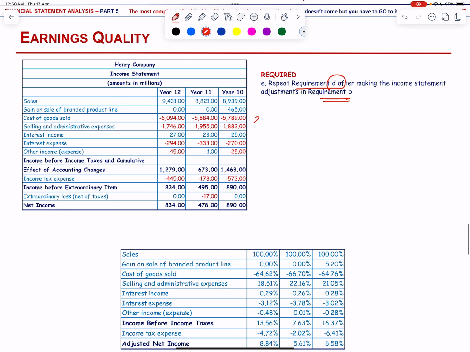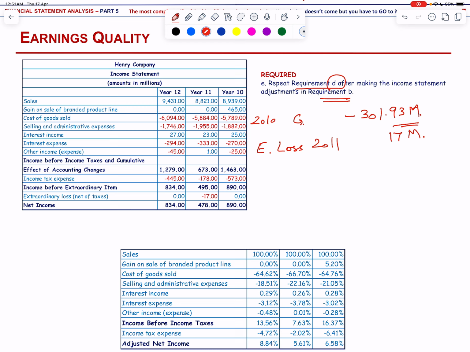In the year 2010, there was a gain on sale of branded product line, and if you remember, we subtracted 301.93 million for that effect. Then there was an extraordinary loss for the year 2011, and that was added back as such. For the sale and promotion cost reclassification, there is no change, so we have not made any adjustments.